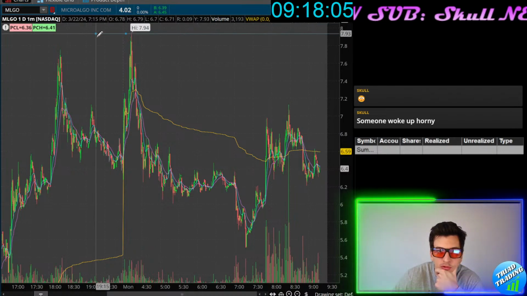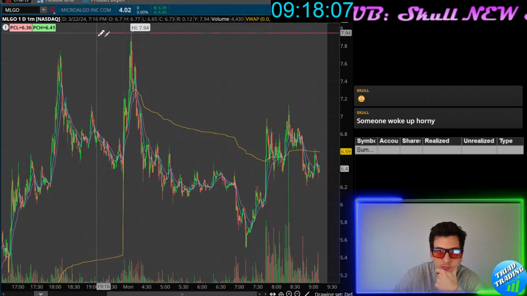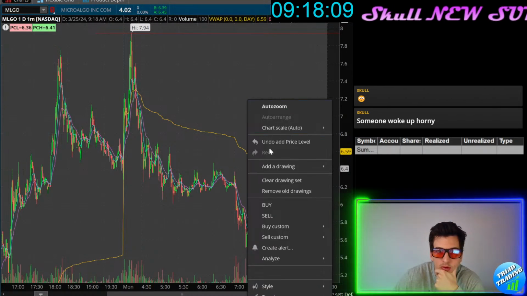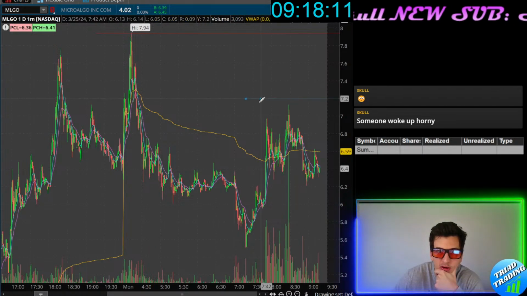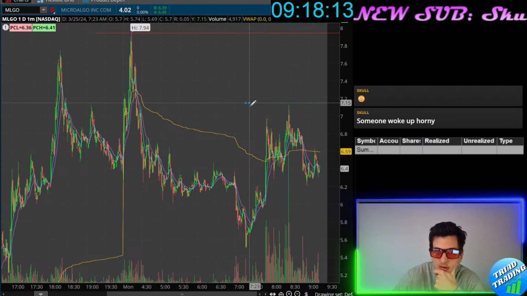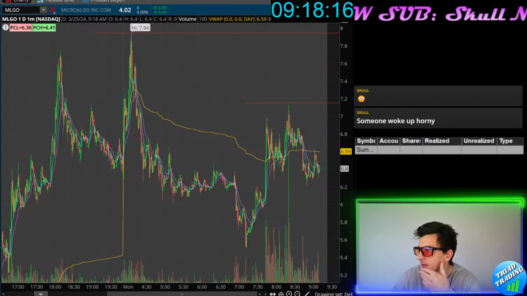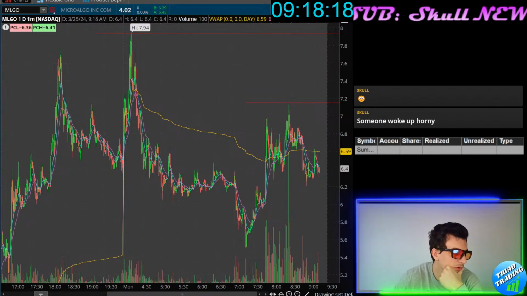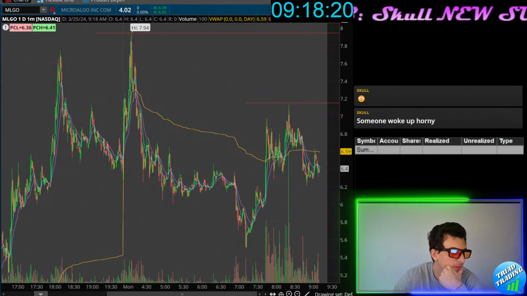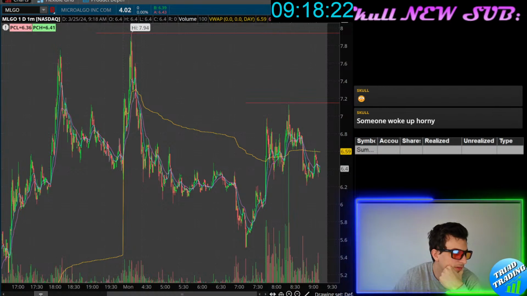I'll draw out some levels here. It really depends how strong the market is too. I'm not sure what the momentum is like, because we haven't really seen something too crazy this morning, at least.